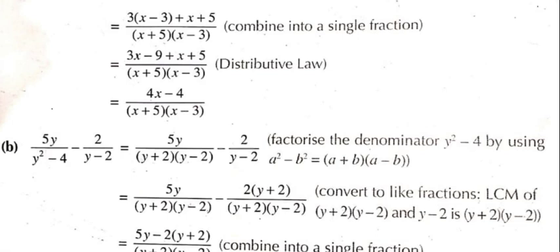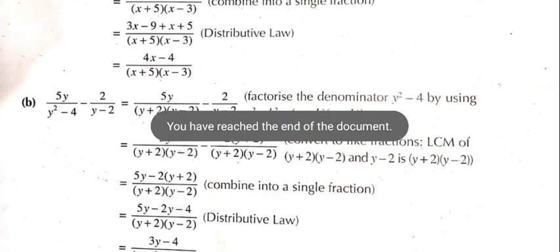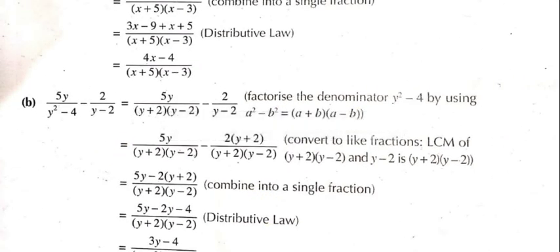Now it's very clear, very obvious. We can see that they both now have y minus 2, but this one has y plus 2, this one does not. So we only need to times these both by y plus 2 and do nothing here. That will make them the same already.